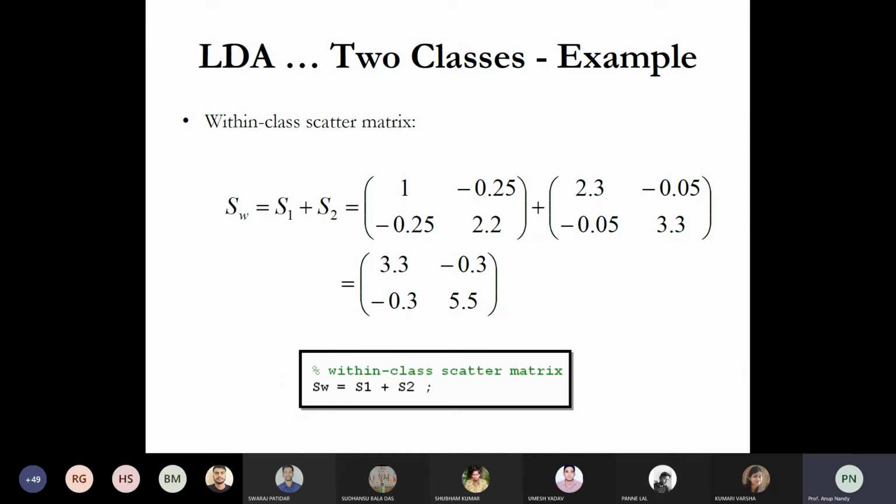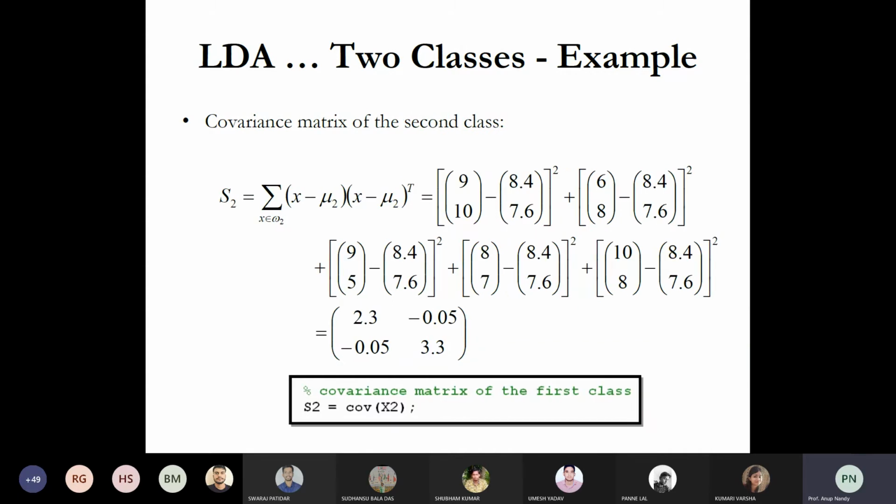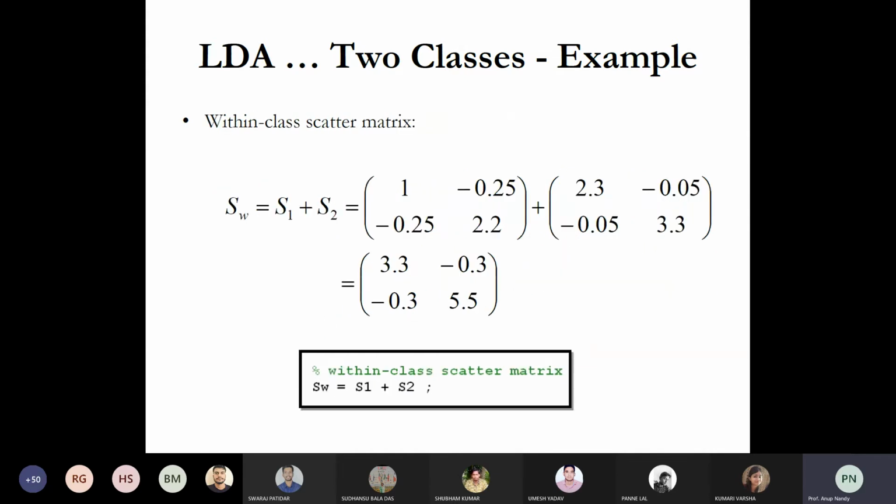Now S1 you have already computed, and this is 1, minus 0.25, minus 0.25, 2.2, and S2 is 2.3, minus 0.05, minus 0.05, 3.3. Now you just sum them up. It is a matrix addition, and as the dimensions are the same, there is no problem. You can add these row wise or column wise. So this is the within class scatter matrix.